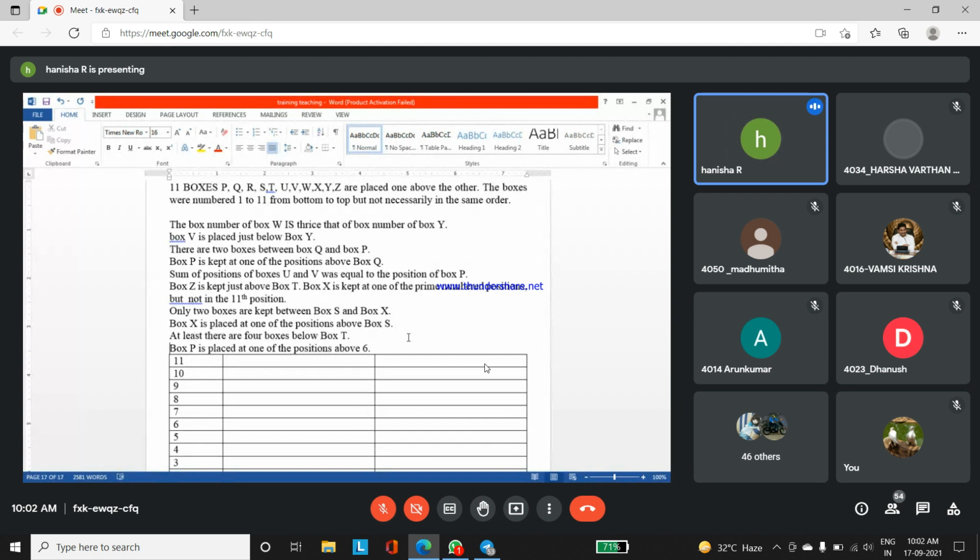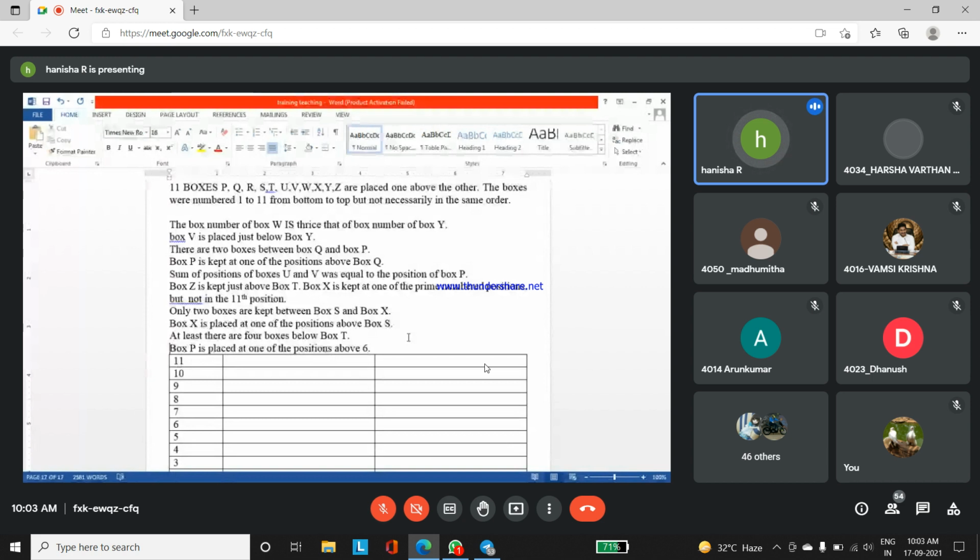So here, if I take the possibility that Y is present at box number 1, then at thrice of it, which means at the third position, you will have W, because 1 into 3 is 3.